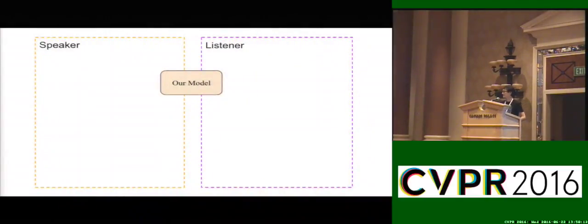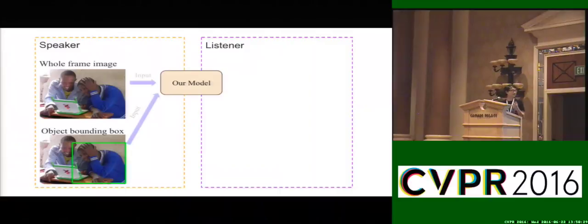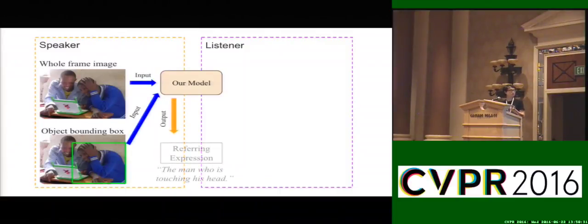So the image captioning task is hard to evaluate, but it turns out that our referring expression task is much easier to evaluate. There are actually two subtasks in the referring expression task. The first is the speaker task. A speaker must take an image and a region, and produce a description for that region. By itself, this is very similar to an image captioning model. But remember that in our task, we have another task, which is a listener task.